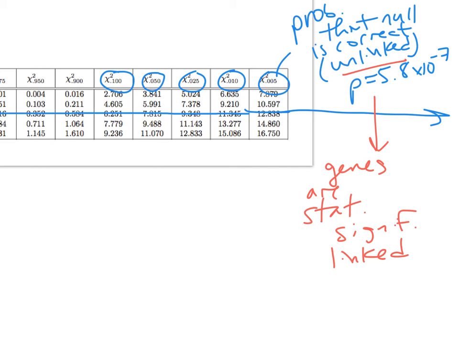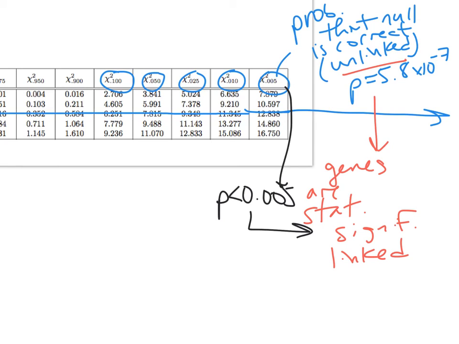And in your case, because you don't necessarily have Microsoft Excel running to calculate the exact p-value on an exam, you would just say the p-value is less than that smallest value. It's less than 0.005, but that leads you to the same conclusion.